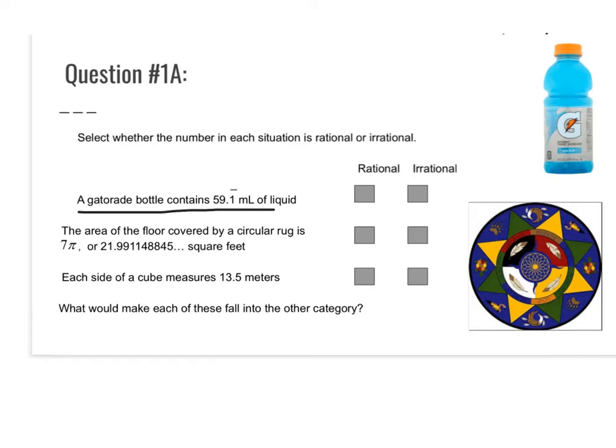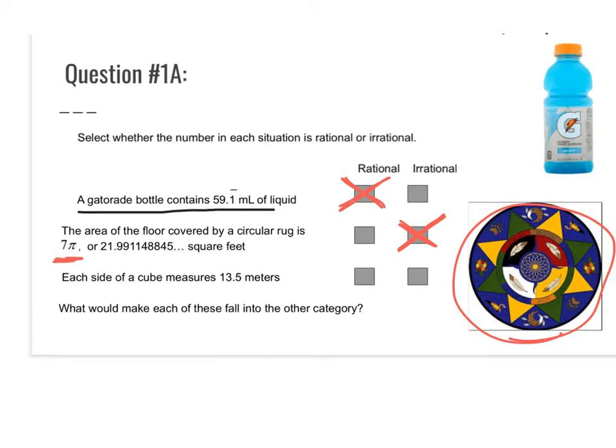I'd say yes, you can. So that means this is a rational number. The next part, the area of the floor covered by a circular rug, is 7 pi. Well, pi is irrational, and if I multiply by 7, it's still going to be irrational.